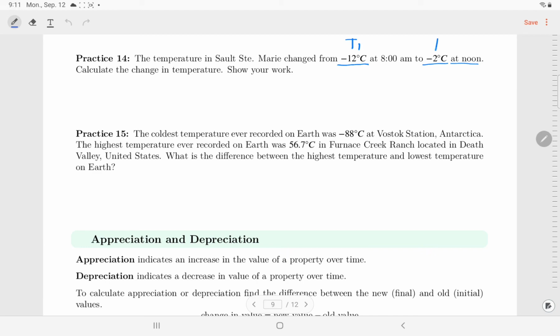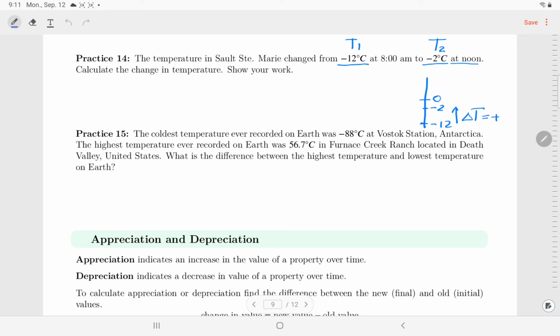And later the temperature is negative 2 degrees Celsius. So that's our final. First, always ask yourself if the temperature increased or decreased. So it went from negative 12 to negative 2. So you see that there is an increase in temperature.